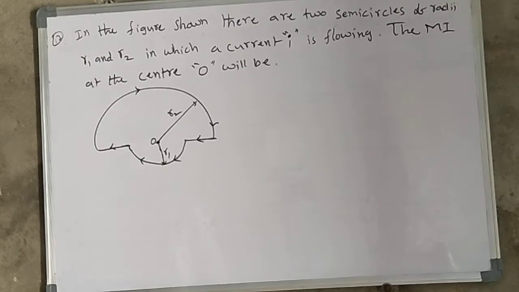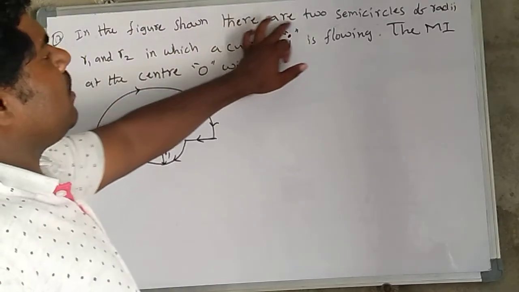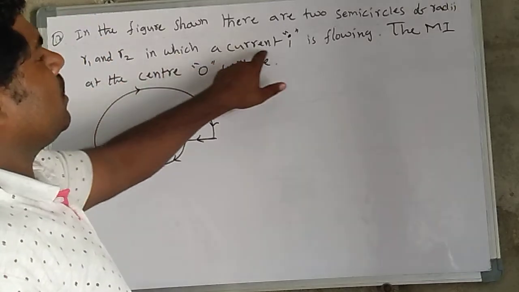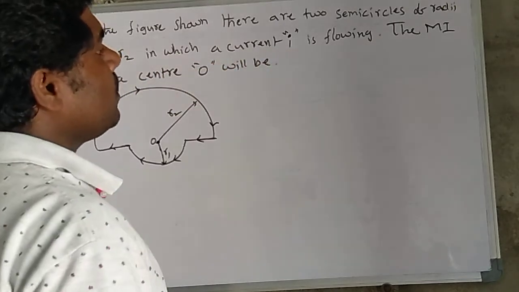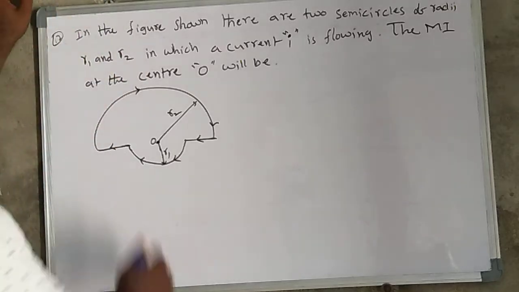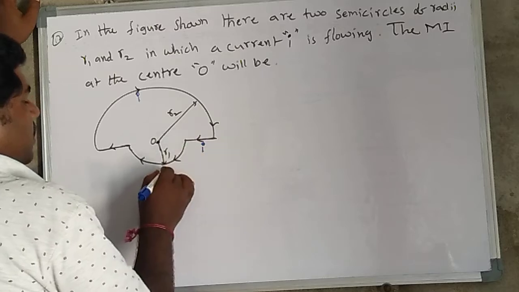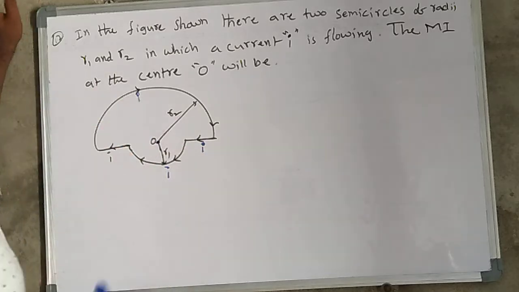Here is another important model: in the figure, there are two semicircles of radii R1 and R2 carrying current I. The magnetic induction at the center O will be. Here the current I is in clockwise direction.